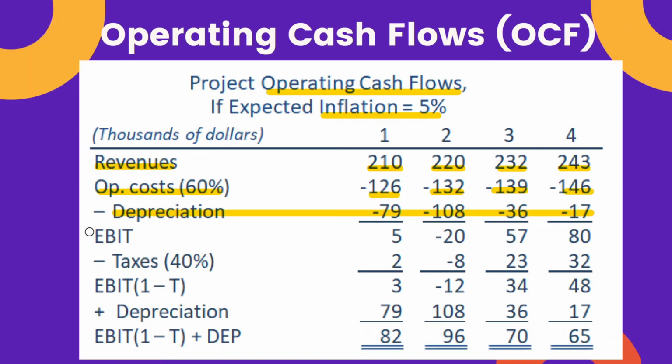Then we follow the same calculation patterns to get operating profit, or EBAT. After subtracting tax, we get net operating profit after tax. Then we add back the non-cash expense, which is depreciation. Now we have operating cash flow each year that includes the inflation adjustment.